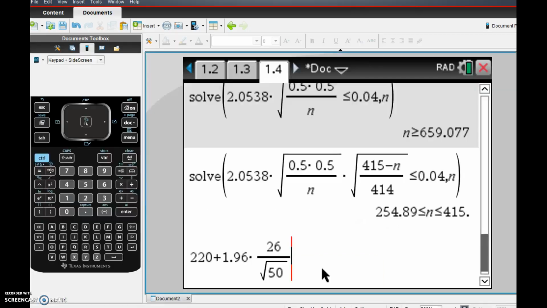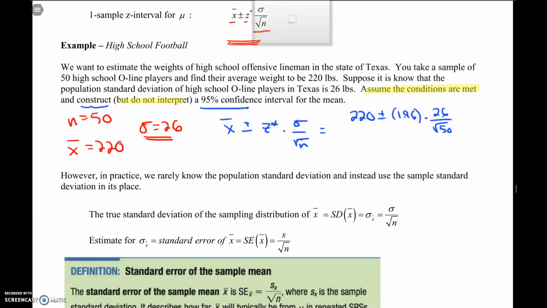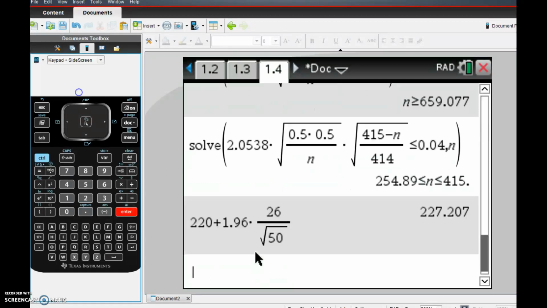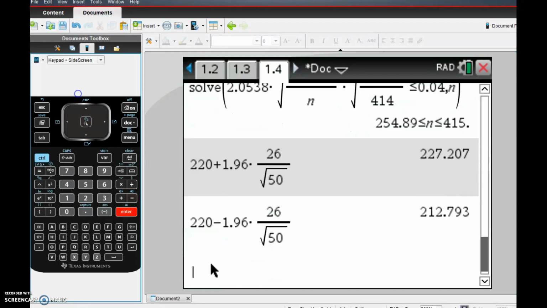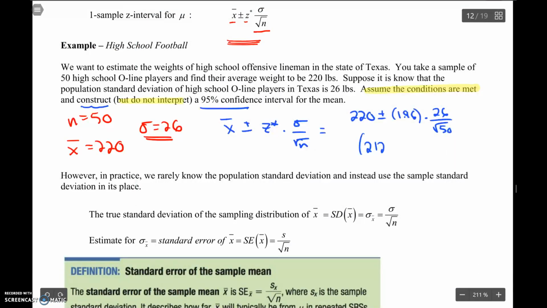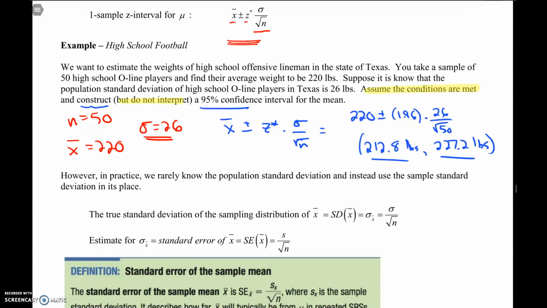So if I put that in the calculator, I think I got that right. Hit enter, it gives me the upper bound. Grab it, put a minus in between there. Gives me the lower bound. So 212.8 to 227.2. 212.8 pounds to 227.2 pounds. So that would be my confidence interval. And like I said, we'd be done.